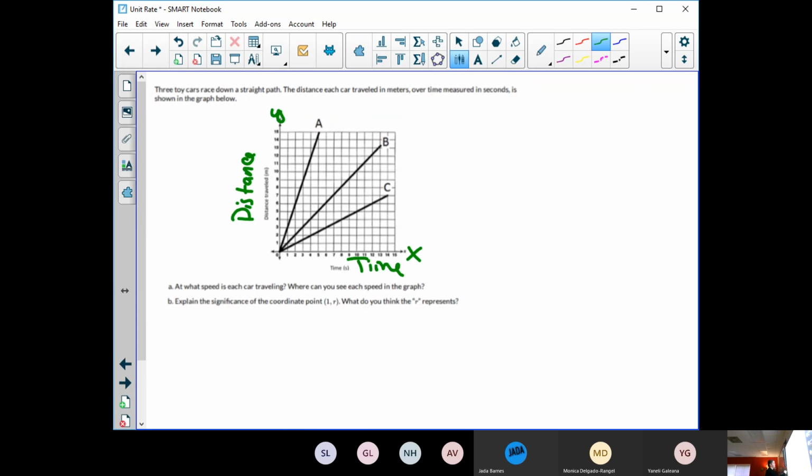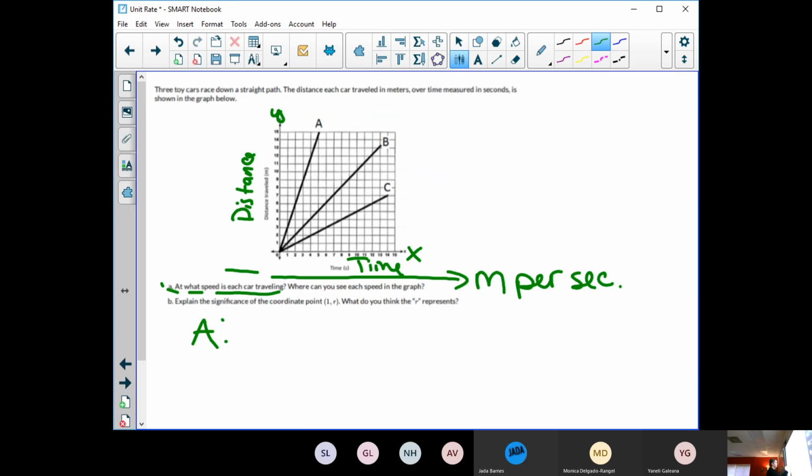So our first question wants to know, at what speed is each car traveling? So if it says, at what speed is it traveling, we want to know meters per second. So that is our unit rate. So we're going to start with car A. And I'm going to find a perfect point.